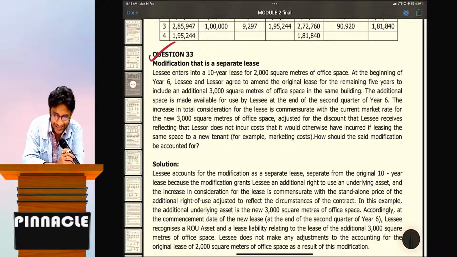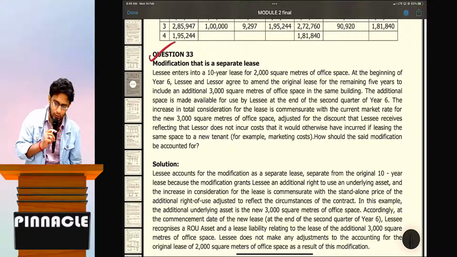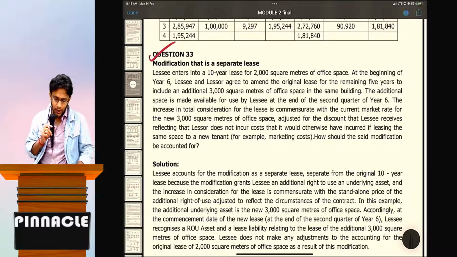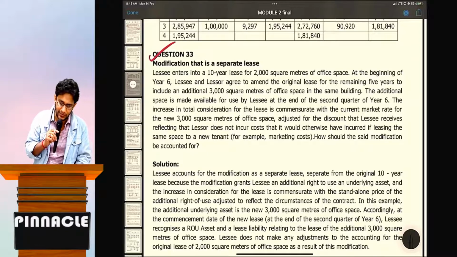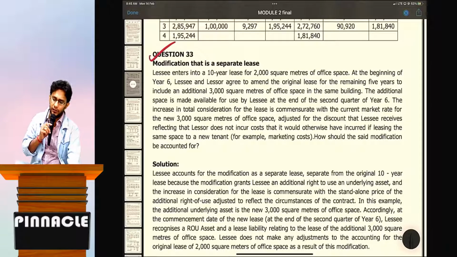At the beginning of year 6, lessee and lessor agreed to amend the original lease for the remaining 5 years to include an additional 3000 square meters of office space in the same building. The additional space is made available for use by the lessee at the end of the second quarter of year 6.